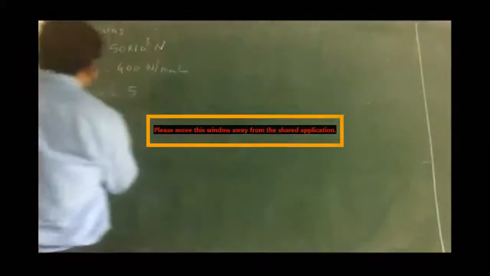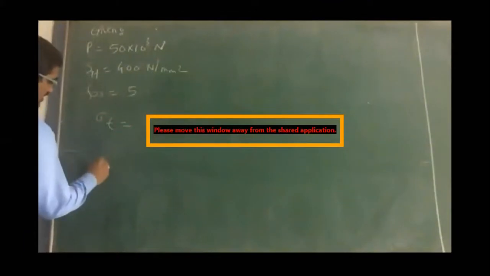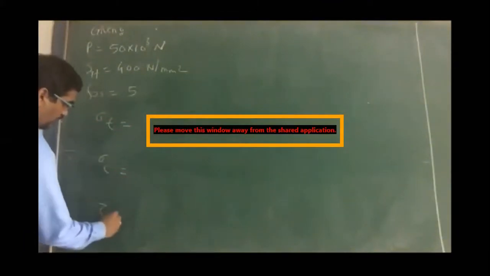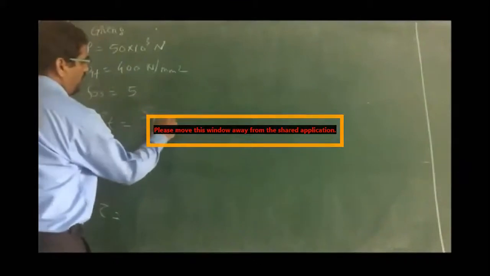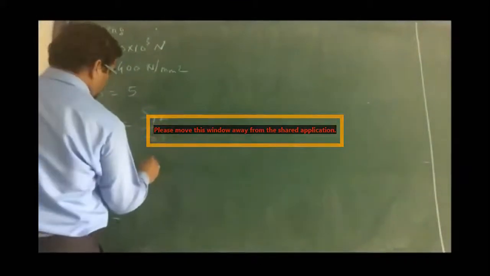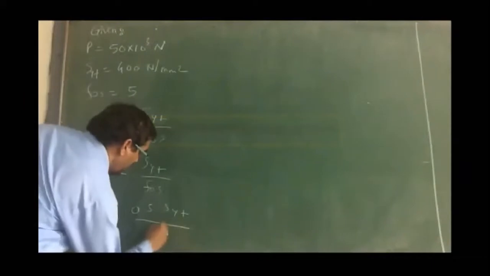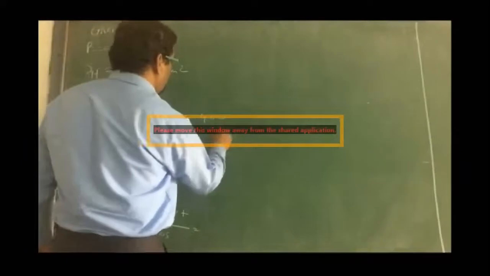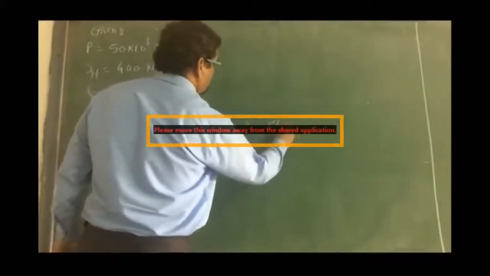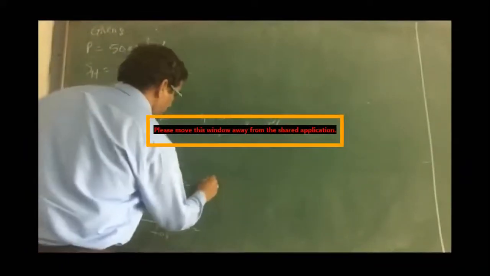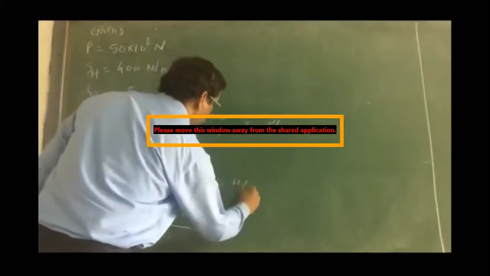So we have to calculate sigma t, sigma c, and tau: allowable tensile stress, allowable compressive stress, and shear stress. Sigma t is SYT upon factor of safety, sigma c is again SYT upon factor of safety, and tau is 0.5 of SYT upon factor of safety. SYT is 400 upon 5, which comes to 80 Newton per mm square.